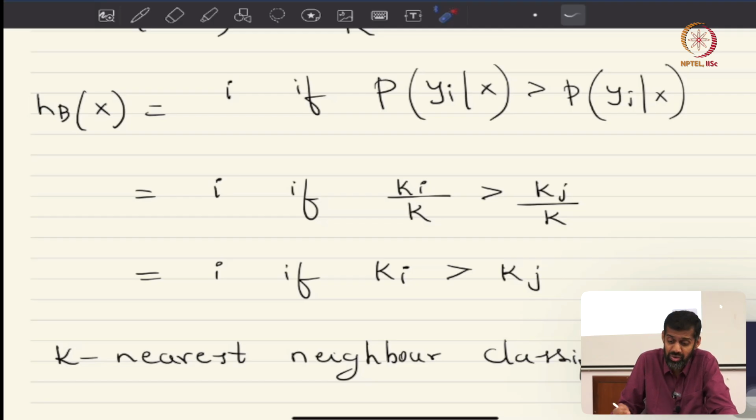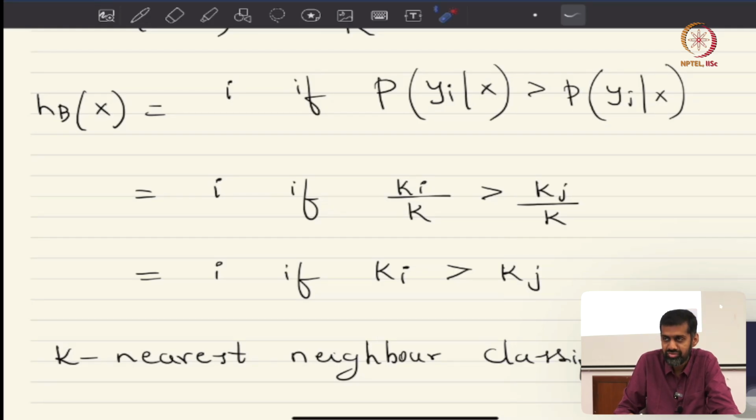In fact, you can also build a 1 nearest neighbor classifier, where you grow the volume such that you look at the closest point within the data set, and you assign the class of that to this particular data point. That's it. So that's the easiest classifier. The easiest thing that you can do to solve a classification problem is to construct a nearest neighbor classifier, and the nearest neighbor classifier is also a Bayes classifier with this as the density estimate.